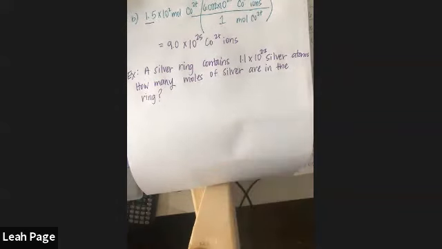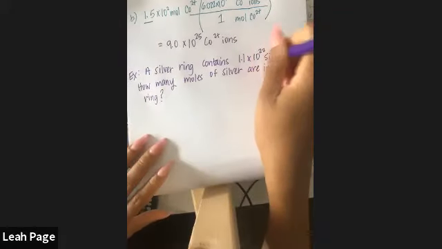So it's literally saying we have a ring that we put on our finger. It's a silver ring, made out of all silver. It wants to know how many moles there are if you have this many atoms of silver in your ring.